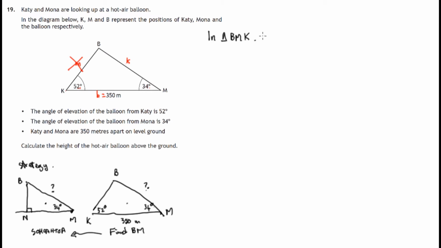Now the sine rule in this triangle, remember, it's the length of a side divided by the sine of the angle opposite it. So K divided by sine 52 degrees would be equal to little b divided by the sine of, oh dear, we don't have that angle B. Well, how do we work out angle B?